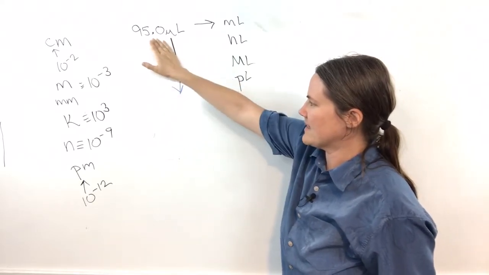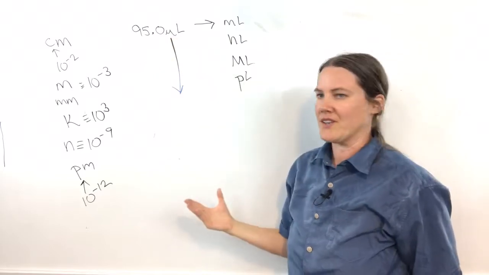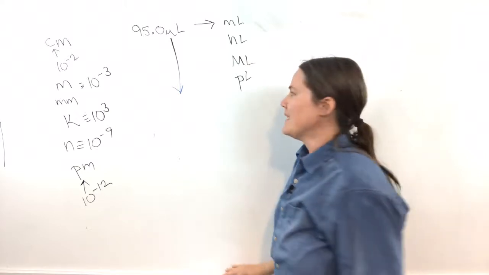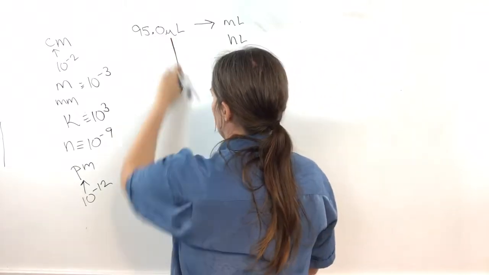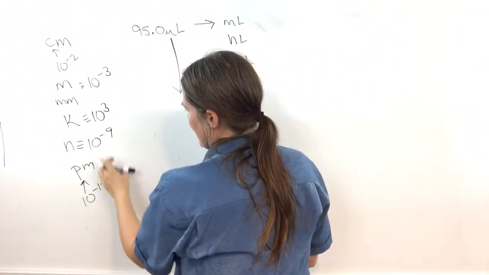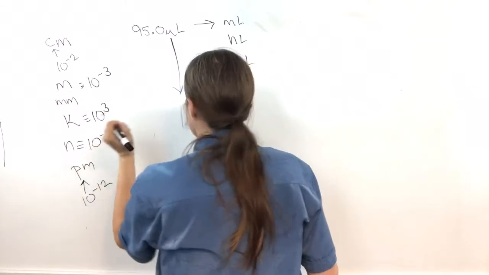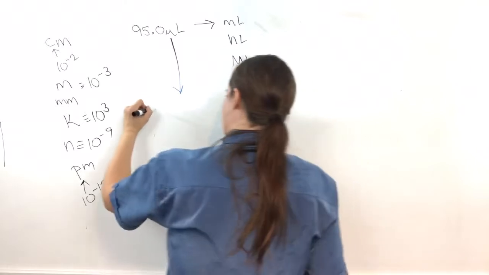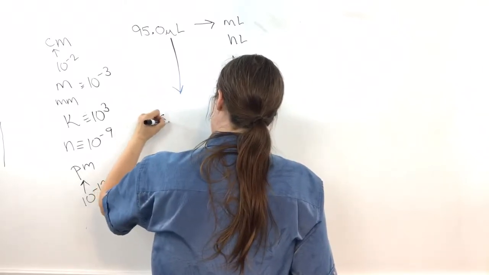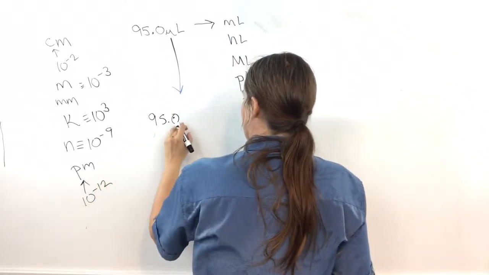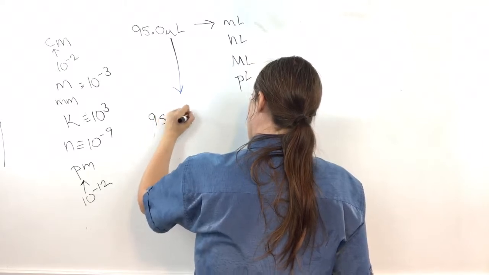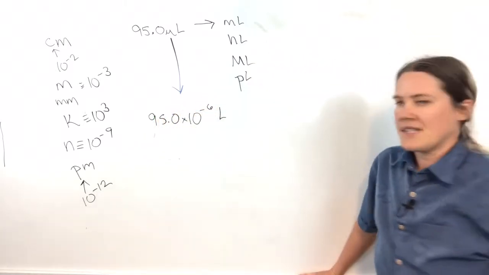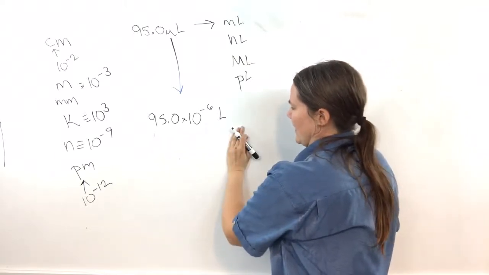So this is 95.0 microliters. I want to write this in liters. I know that micro is 10 to the minus 6, and if I didn't know that, I could find it on a table. So 95.0 times 10 to the minus 6 liters. Now I have my number in liters.